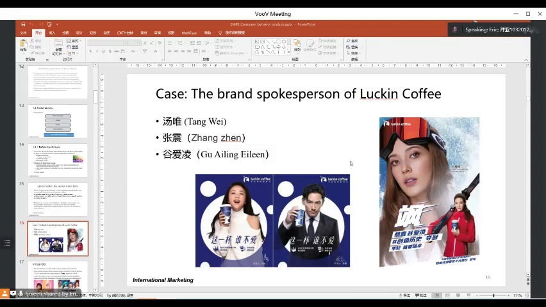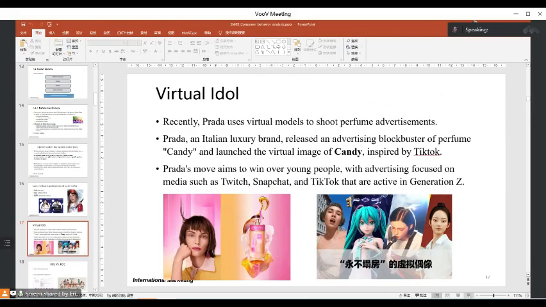He's an important person in the entertainment industry, and he's a representative of Chinese Kung Fu. Okay, guys, let's move on.